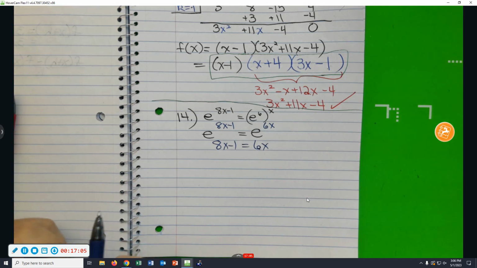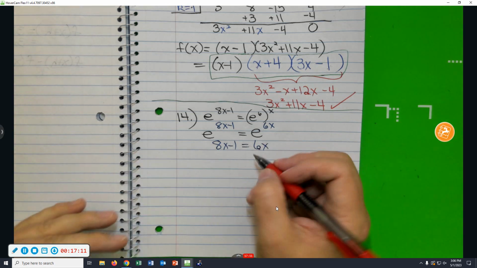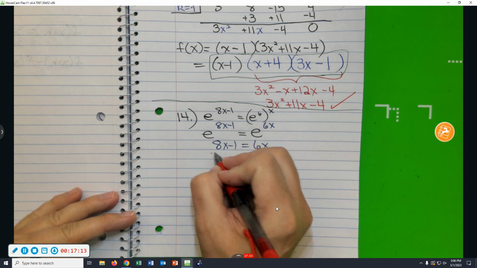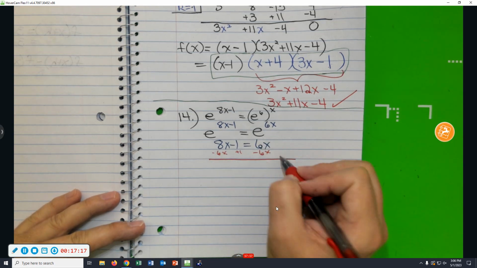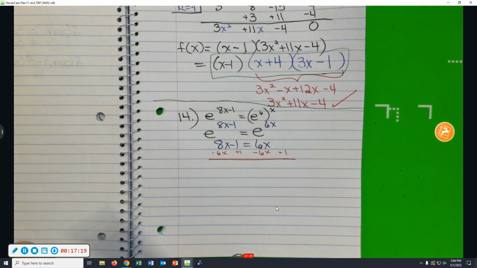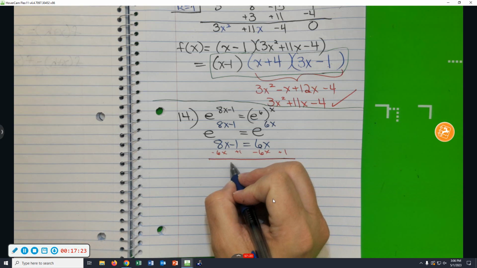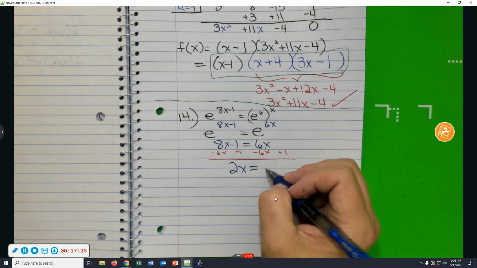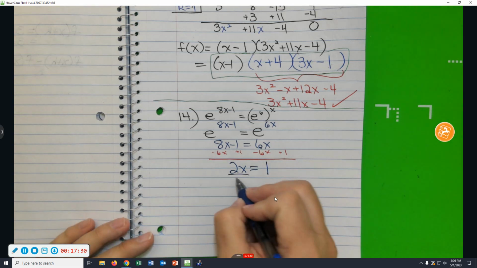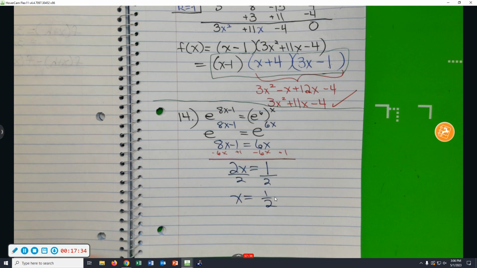And what do you want to do to solve this? Minus the 6x on both sides, and add the 1. So we have 8x minus 6x, that's 2x equals 1. Dividing both sides by 2, we get a final answer of 1/2.